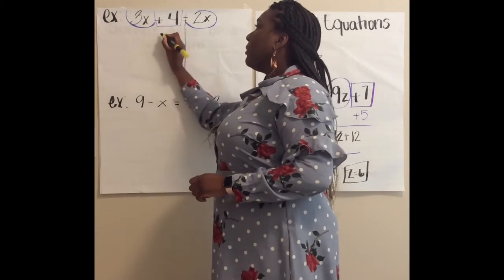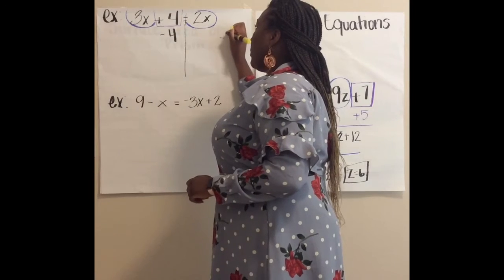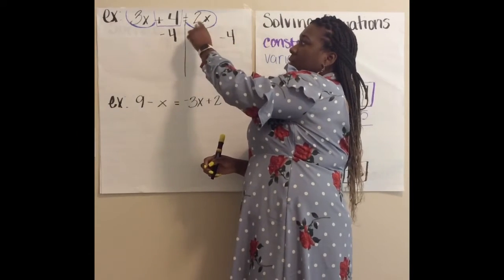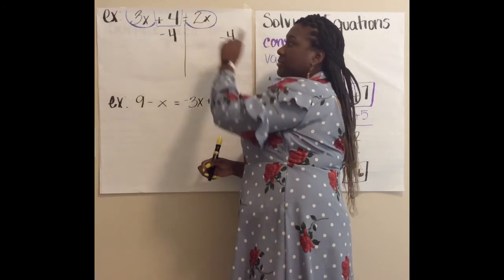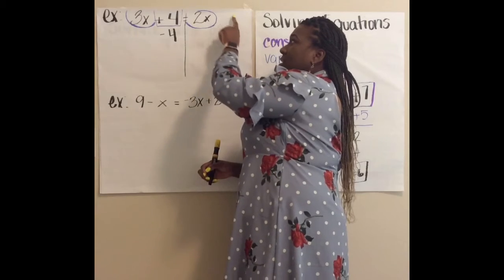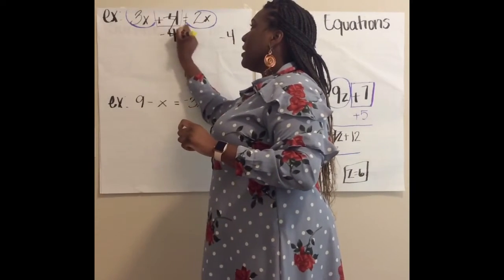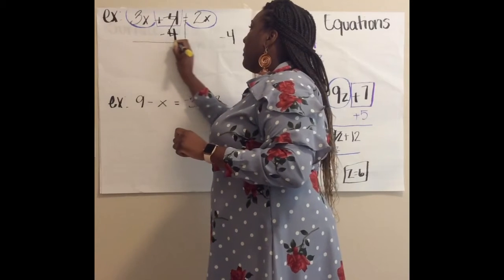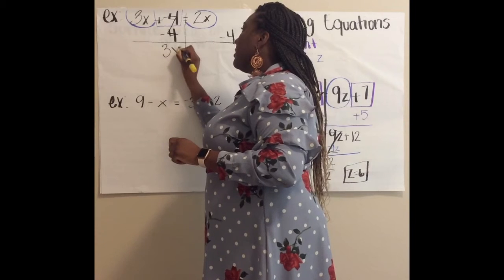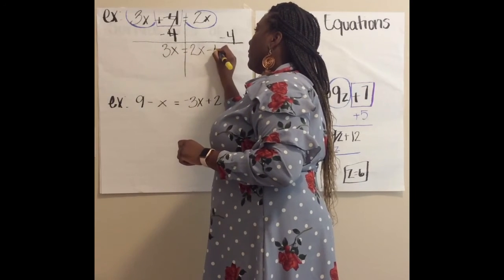And we're going to subtract 4. So minus 4, minus 4. I brought this 4 over here because we're not subtracting it from our variable. We're subtracting it from this space. So pretend there's a 0 there, okay? So this cancels out. Now we bring ourselves down. So we have 3x equals 2x minus 4.